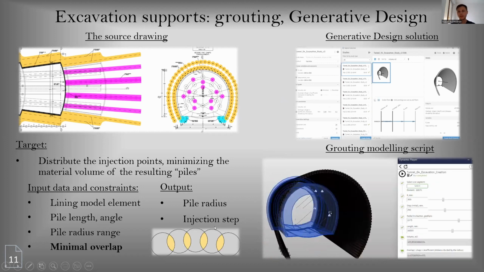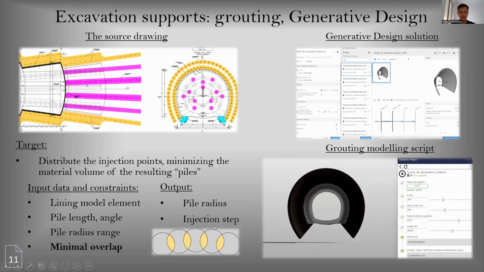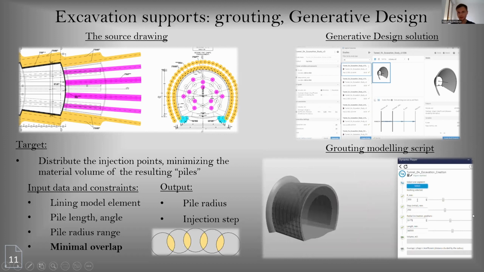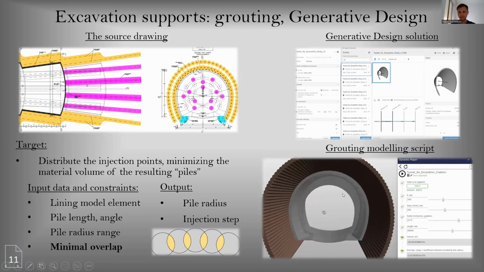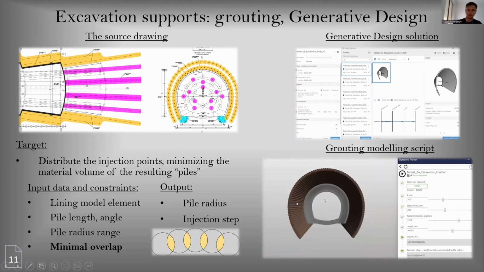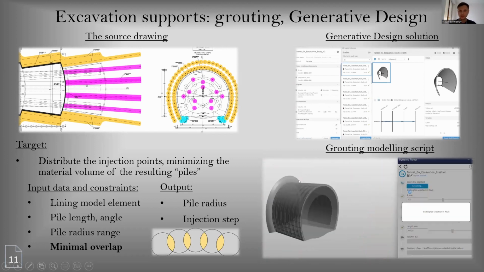And Unit Design was used as a tool to find this solution faster through placing some limitations and expected results in terms of constraints. And of course, in the future, once we get ready for the pile, for the injection, they could be modeled here at this point as a direct shape.